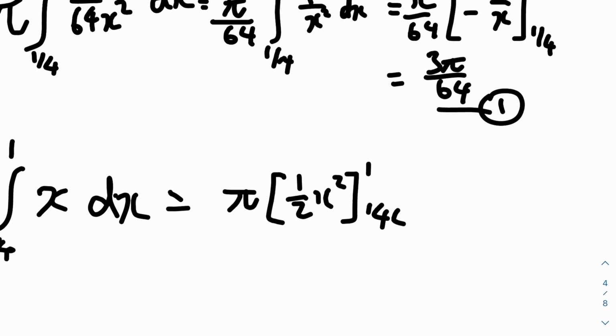So now just as well, put it into a calculator. So pi times 1 over 2 times 1 squared minus 1 over 2 times 1 over 4 squared, and that gets us 15 over 32 pi. So 15 over 32 pi, number 2.